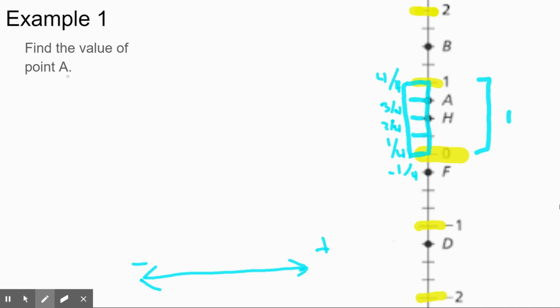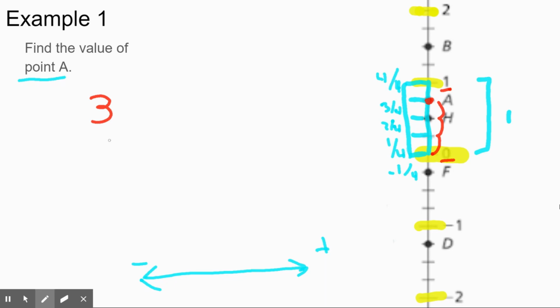So, going back to what we're trying to do, we're trying to find the value of point A. Where is point A? Well, it's right here. And we know that it's going to be less than 1, but greater than 0. Luckily, we've already broken down the scale here. All we need to do is count how many spaces we need to go to get to A. We start at 0, and we go 1, 2, 3.